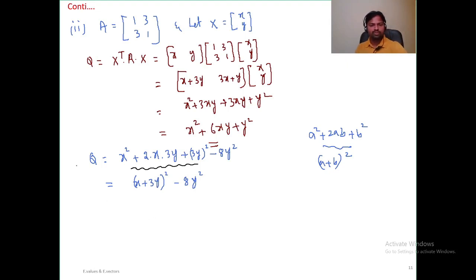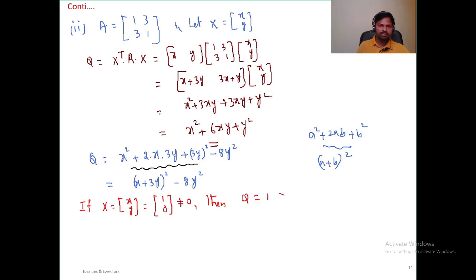If your capital X, which is small x and y, is 1 and 0, which is non-zero, what is the Q value? 1 squared is 1, minus 0, so 1. I am getting positive.